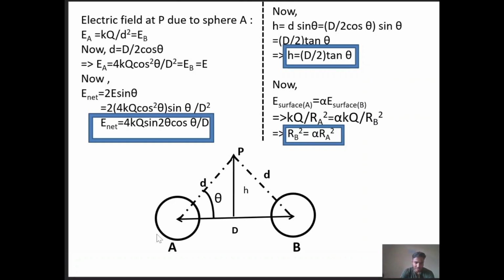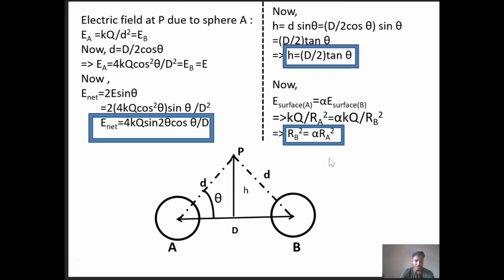Now we are given that the electric field on the surface of A is equal to alpha times the electric field on the surface of B. Then kq by RA square is equal to alpha into kq by RB square. Thus we can derive the relation between RA and RB as RB square equal to alpha times RA square.